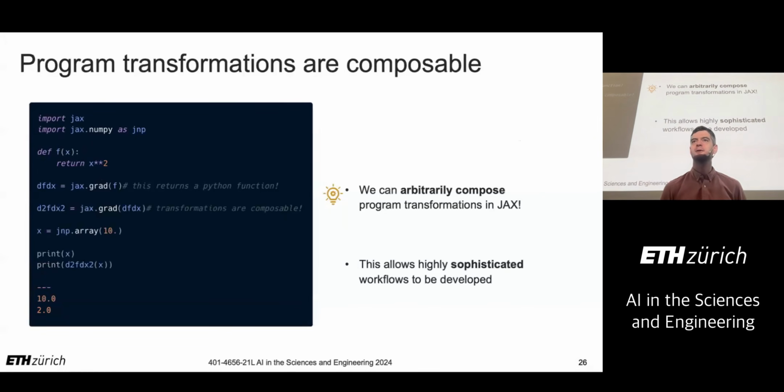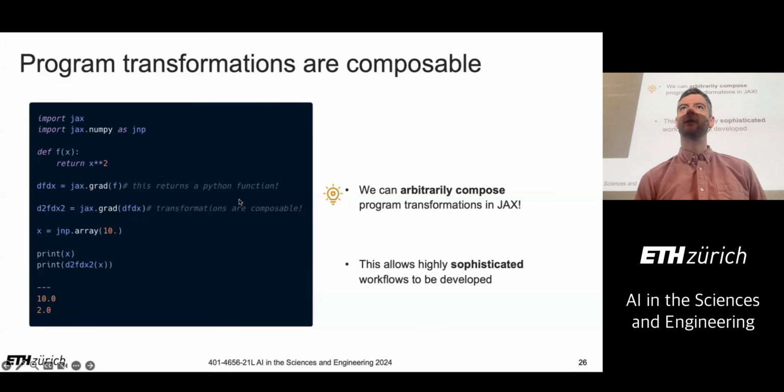This is where JAX gets really powerful. Once you've spit out a new function, again a native Python function, we can take that function and apply some other separate transform to it and do the same process recursively if we like. This is the power of JAX: these program transformations can be arbitrarily composed.